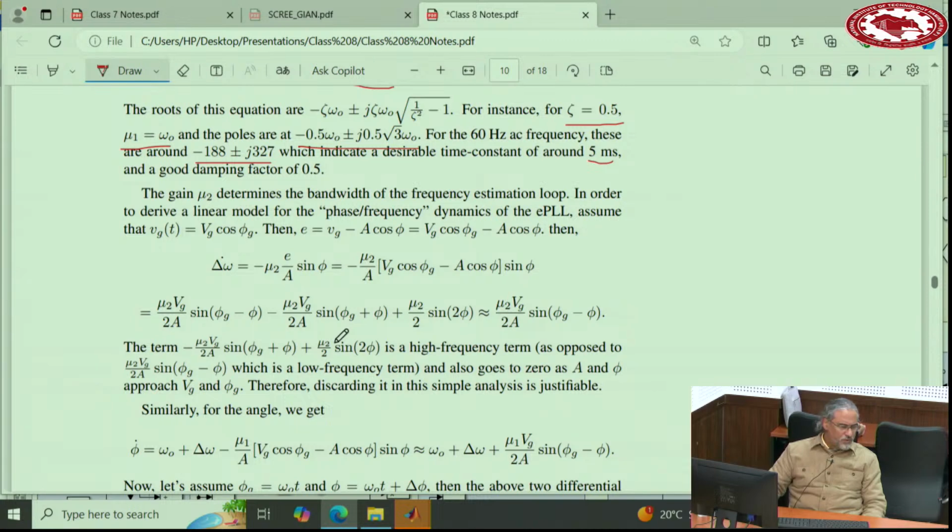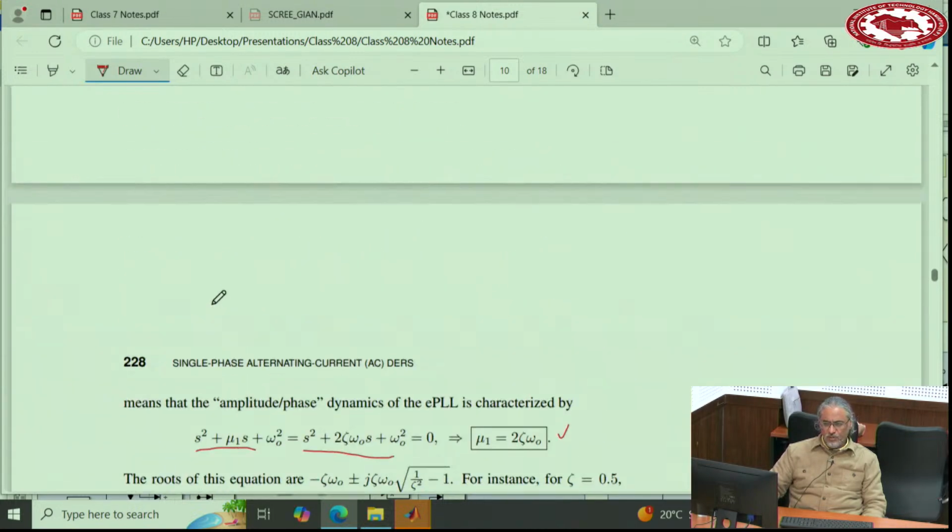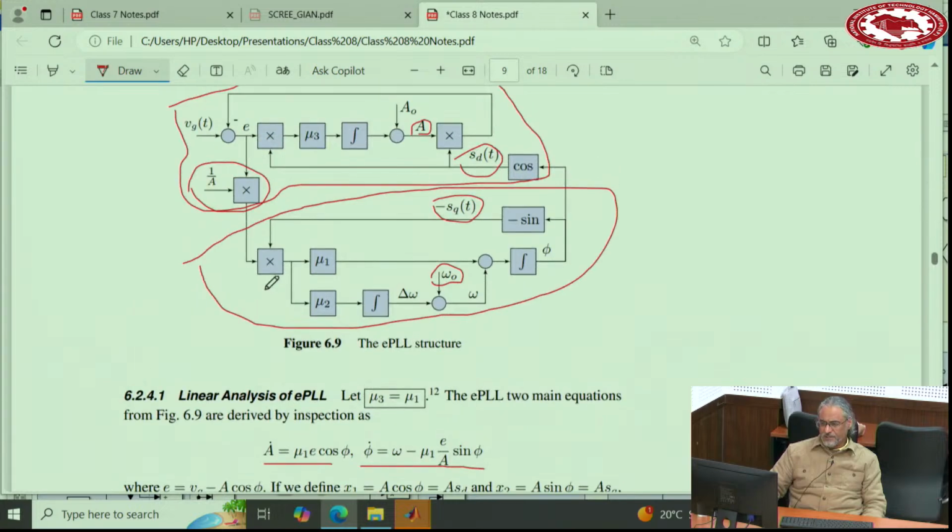Okay, so this discussion basically ignored the frequency loop. And it's a very good discussion because in the power system we have, the frequency does not change significantly. But if you want to get more insight, we need to include that frequency loop in our analysis. And also we need to design the gain mu2 anyway, right? So we need to do further analysis without ignoring this block here.